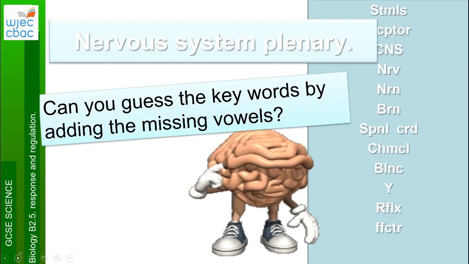So just to finish off today's lesson, just a little activity for you to have a go at. You don't really need to write these down, just reminding ourselves of these keywords to do with the nervous system. So these have had the vowels removed.